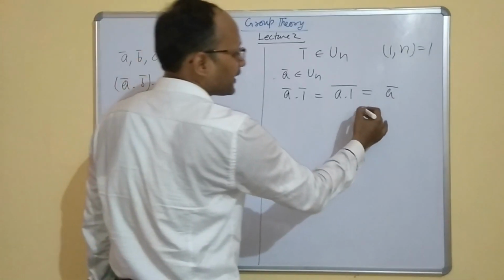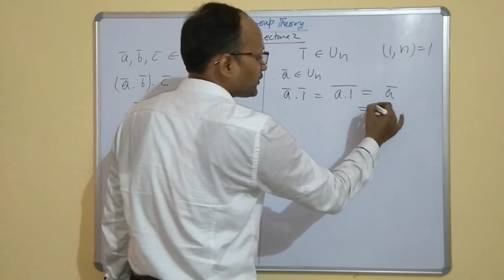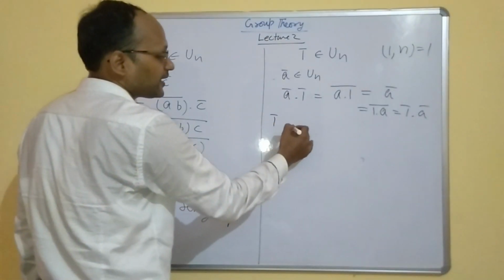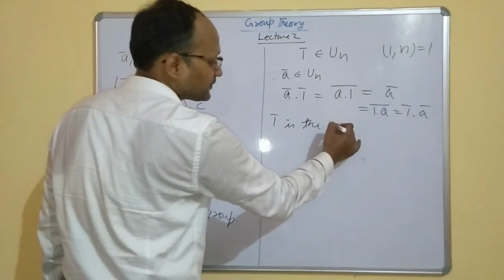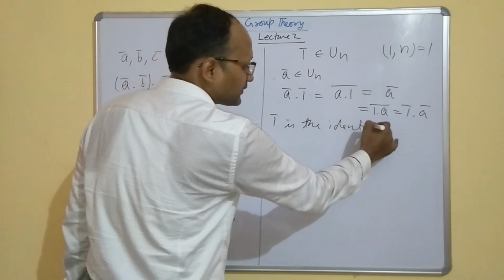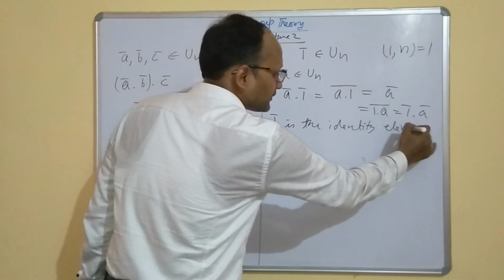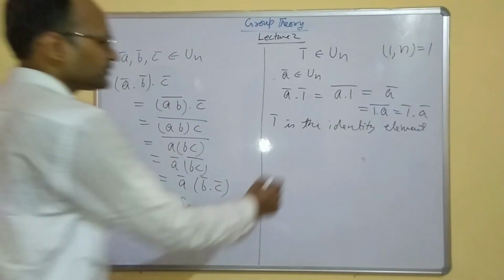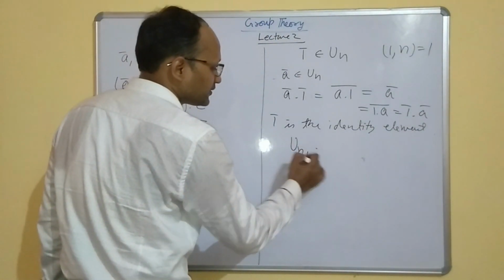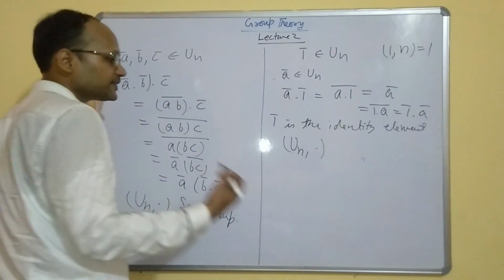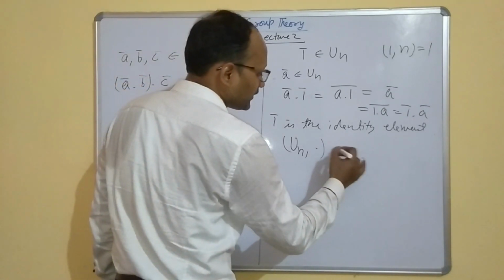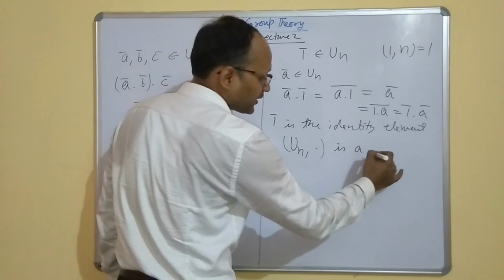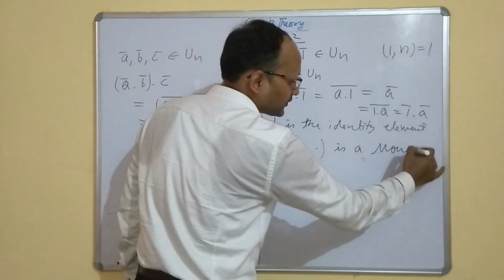Similarly you can write 1 into a bar, so that is 1 bar into a bar. So 1 bar is the identity element. So identity exists, and Un with respect to dot is actually a semigroup with identity. So this is a monoid.